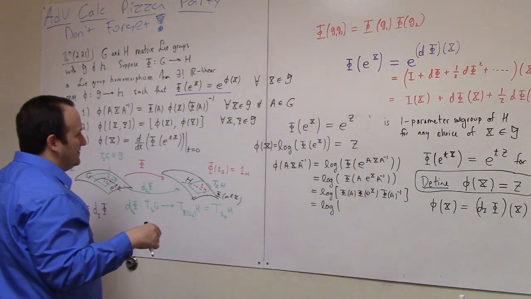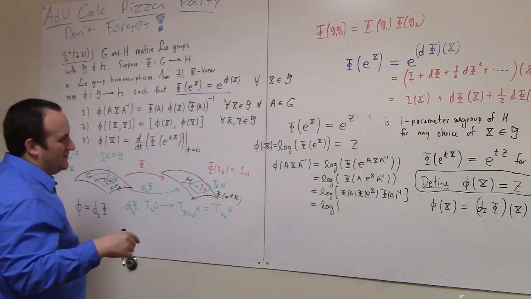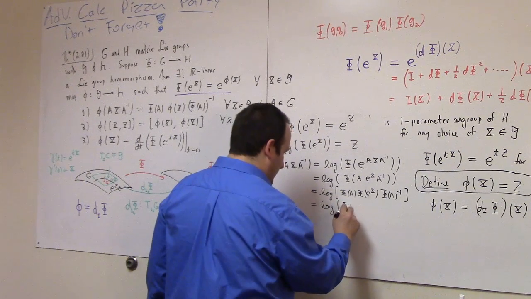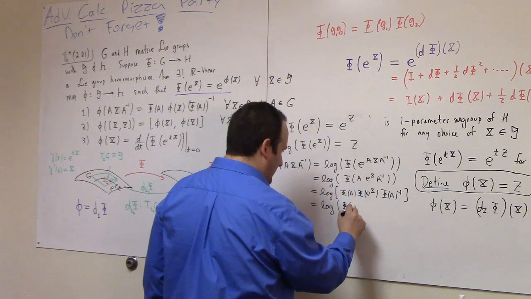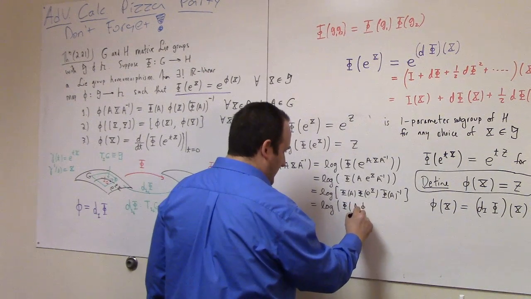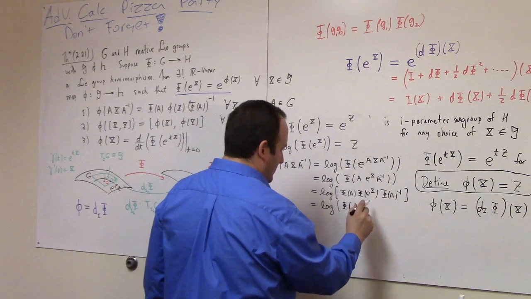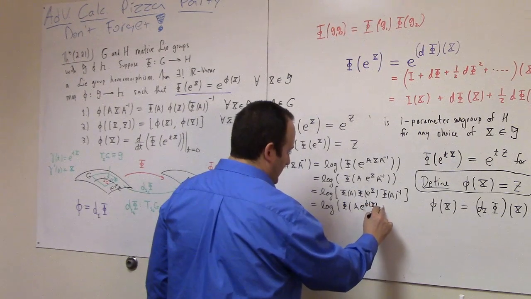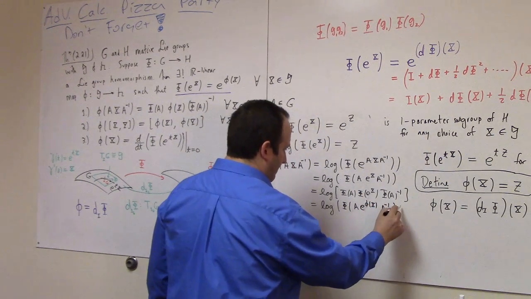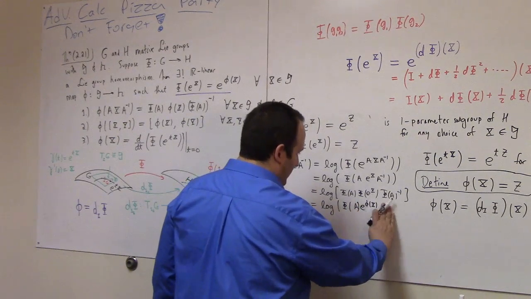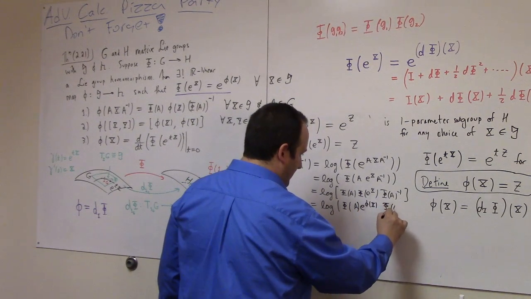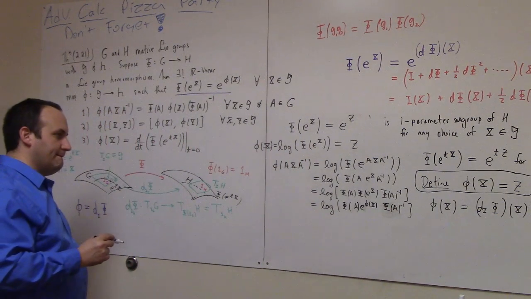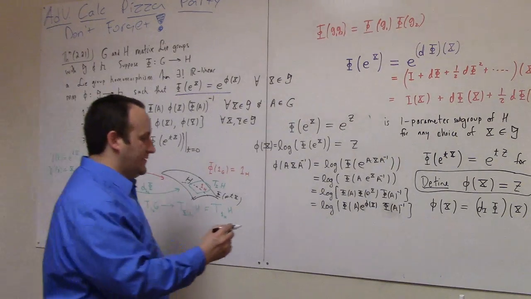Well, you can turn the phi of e to the x into e to the little phi of x, and then put the phi of a's back into the exponential. You have phi of a, then e to the little phi of x, and then phi of a inverse. Right, and then we put those back into the exponential.